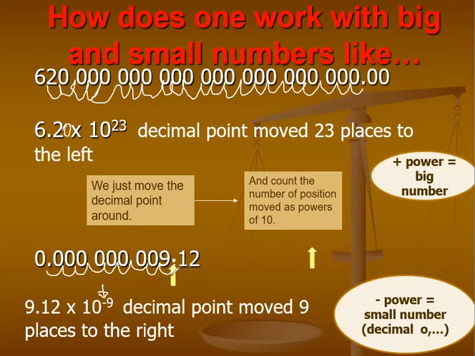So you write the number 9.12, rounded off to two decimals. Since there are no more numbers, there's no need for rounding in this case. So it will just be 9.12 times 10 to the negative 9, which means we shifted the decimal point 9 times to the right.